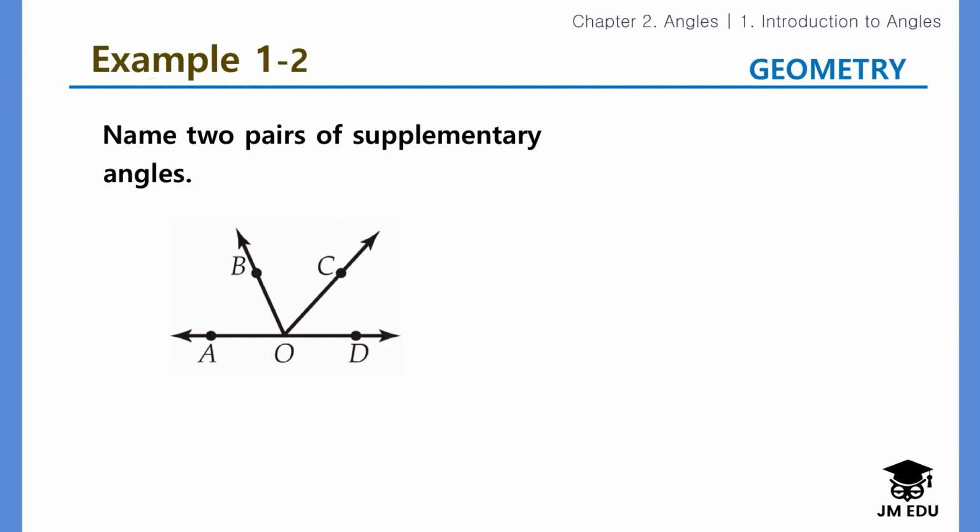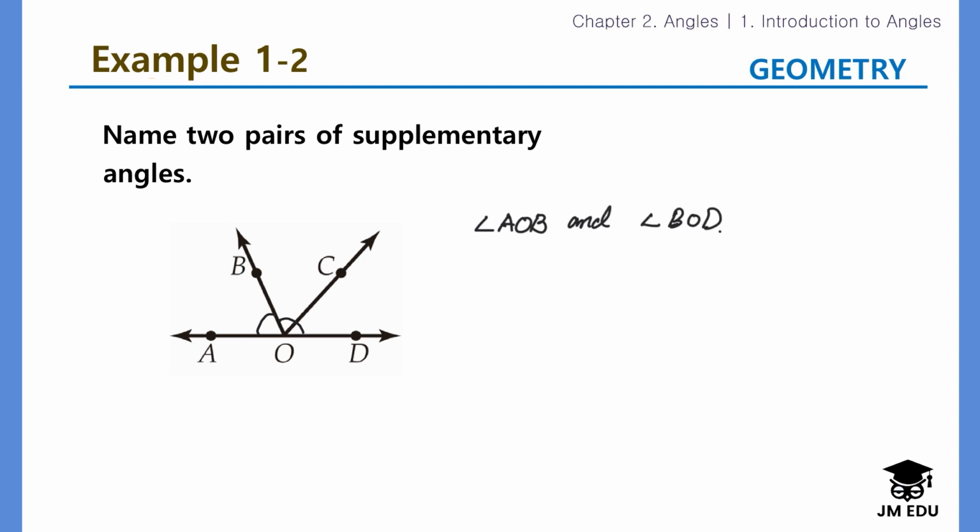Example 1-2. Name two pairs of supplementary angles. So, supplementary angles are two angles that sum to 180, right? So, let's say angle AOB and angle BOD. Sum of these two angles is 180, right? So we can have angle AOB and angle BOD.